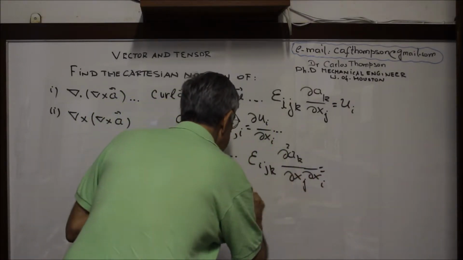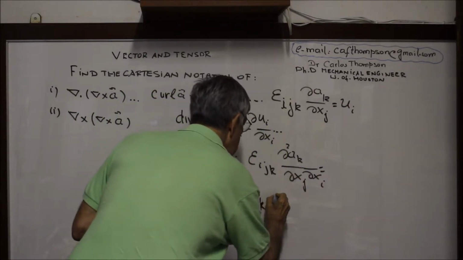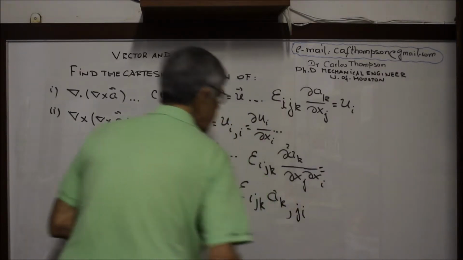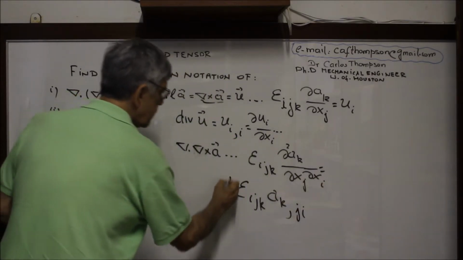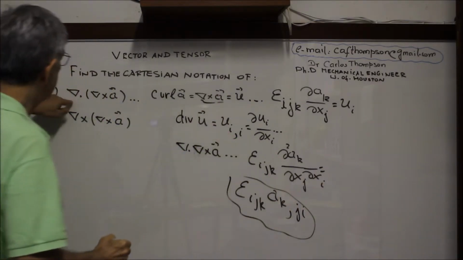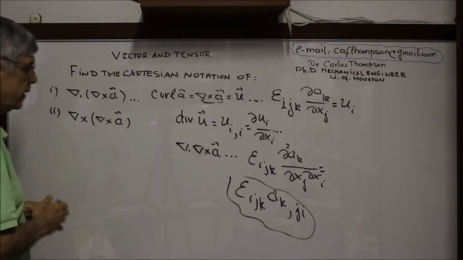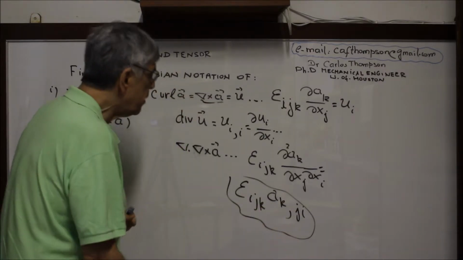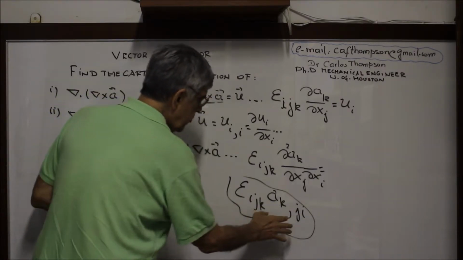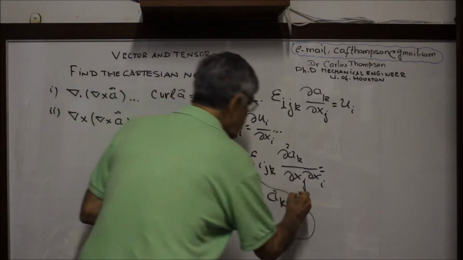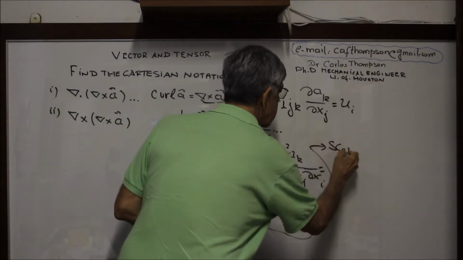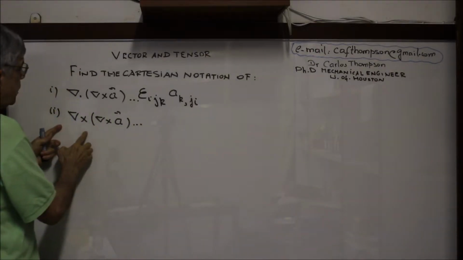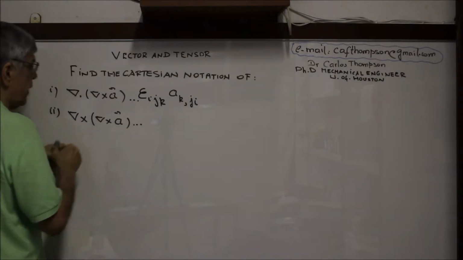So this is epsilon ijk, now A k comma ji. See, back here, that's the divergence of a curl of A. You see clearly that i is dummy, j is dummy, and k is dummy. So this is a scalar. Let's develop the curl of A.